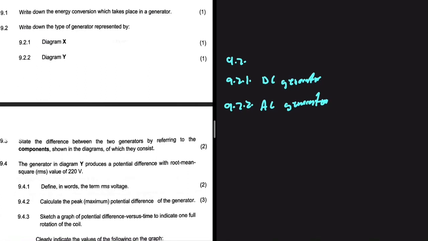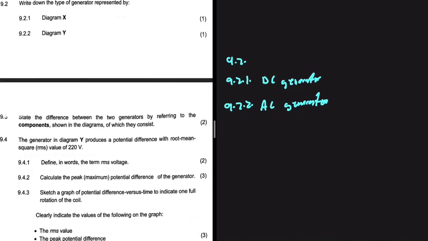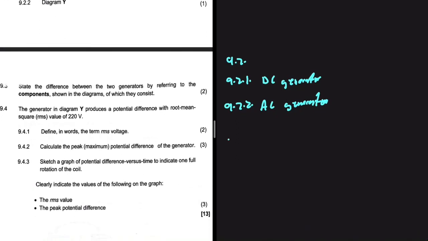You are able to tell because in a DC generator, in diagram X, we have split rings. And in diagram Y, the AC generator, we have slip rings. So if you get the answers to 9.2, then you should not get 9.3 wrong. Because how did you arrive at your answer for 9.2 if you get 9.3 wrong? Doesn't make any sense.